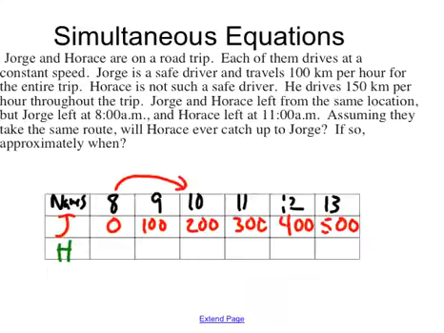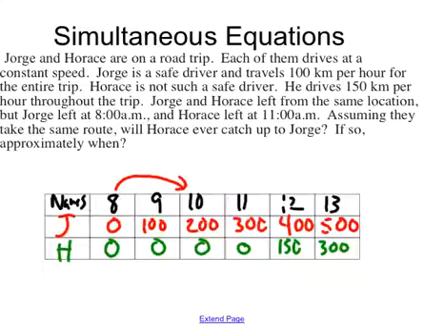Now, Horace over here, remember he slept in, so he's not going anywhere at 8 or 9 or 10 or really 11. But at 12, he'll have gone 150 kilometers. And at 1, he'll have gone 300 kilometers. If we continue this on, let's see what happens.